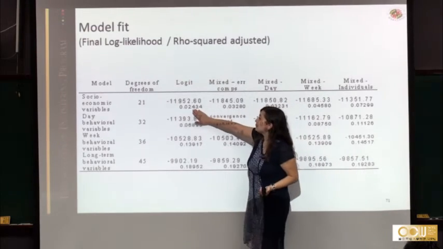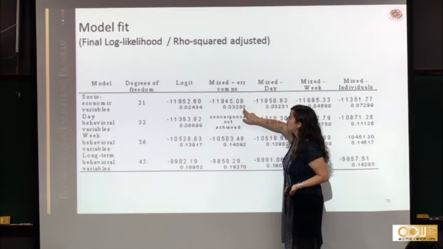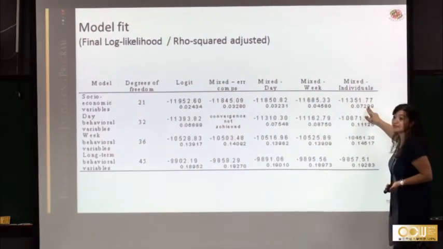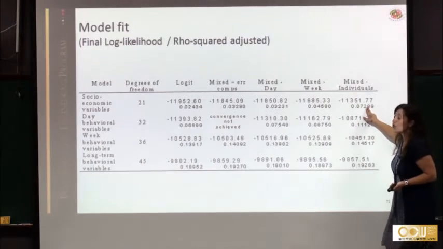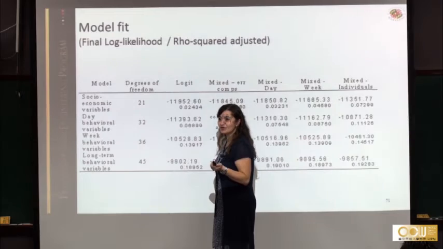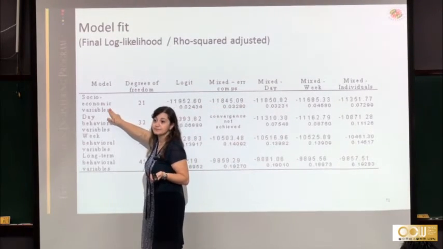In this case, when I'm not accounting for past history, the mixed with error component is better. This is much better, and this is much better, because I'm accounting as random something that I'm not capturing with variables.